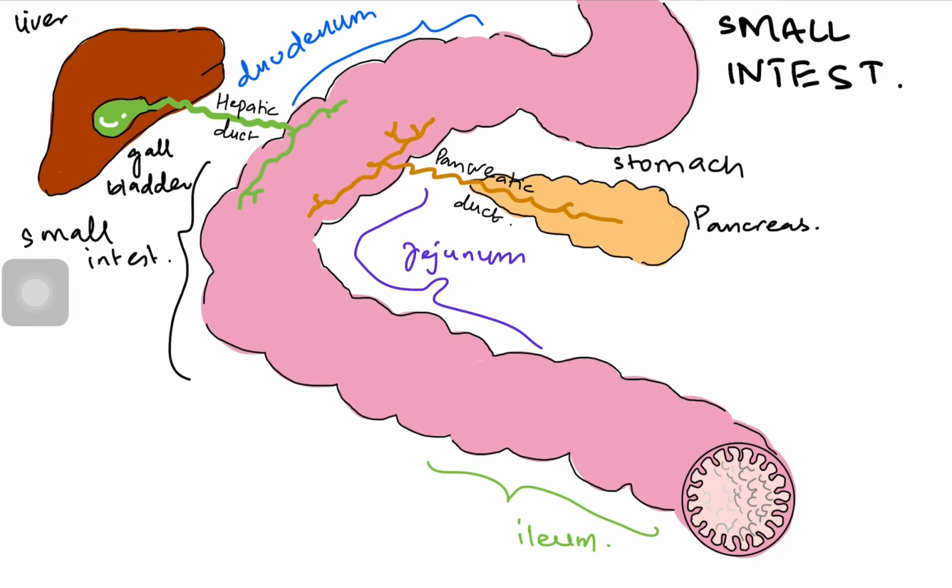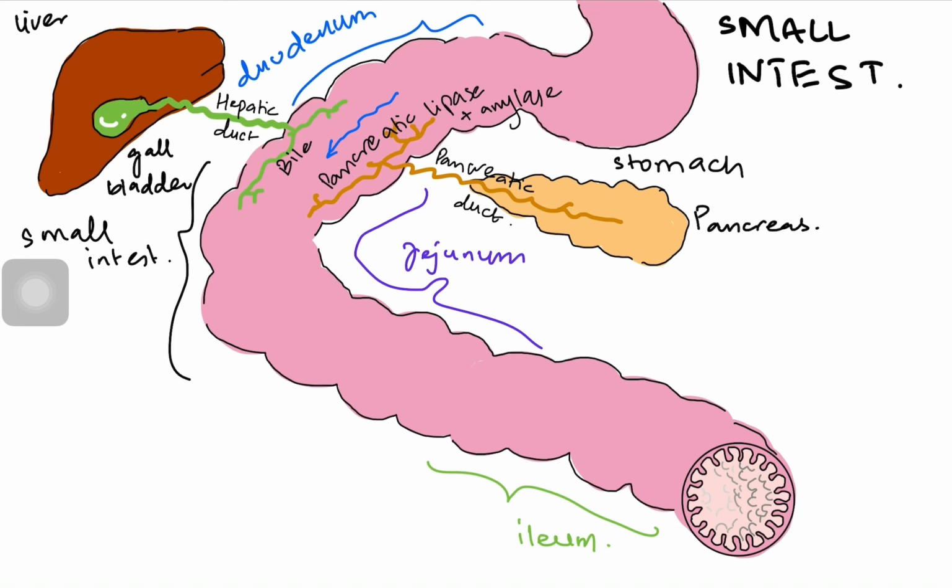These ducts enter the duodenum and bring the important chemicals. The bile duct brings the bile, and the pancreatic duct brings the pancreatic juice, which includes pancreatic lipase and pancreatic amylase. You can figure out the function of these enzymes already.